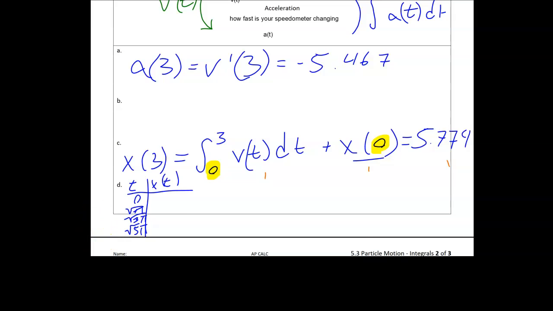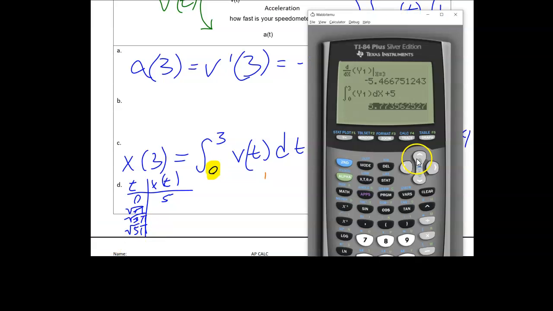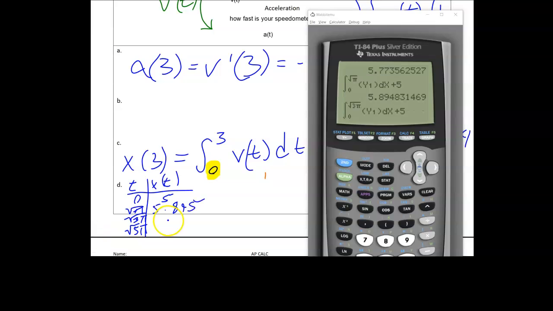And then, first one was given to us as 5. The rest we can integrate, just like we did before. So what I can do is just edit my previous integral. So we're going to start with square root of pi as my upper bound. And there's my first value, 5.895. And then I'll repeat for the rest of my values.